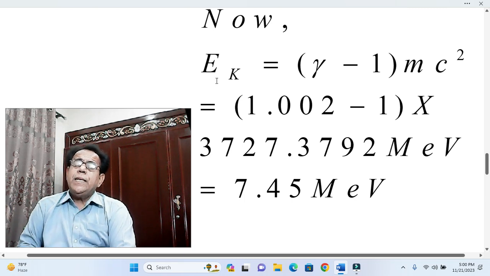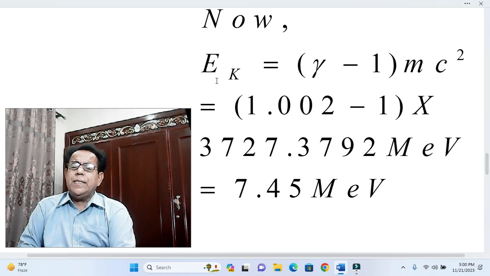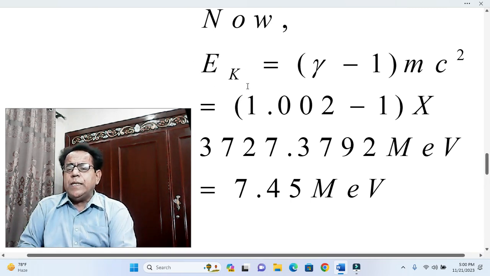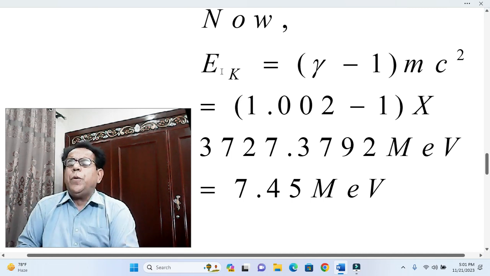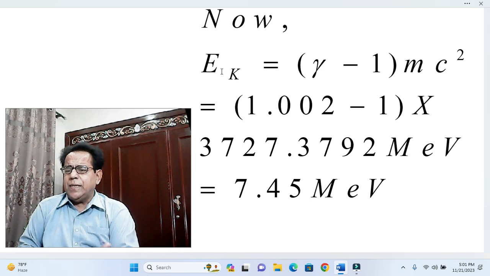Usually in classical physics kinetic energy is not denoted in this form. This form is usually restricted to the relativistic expression. Okay, anyhow, it is not a very rigid classification.